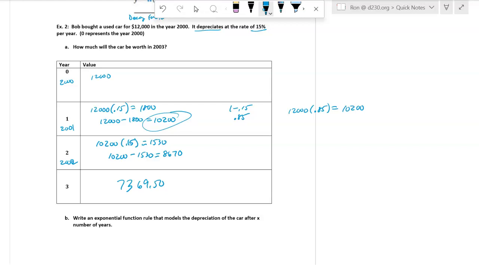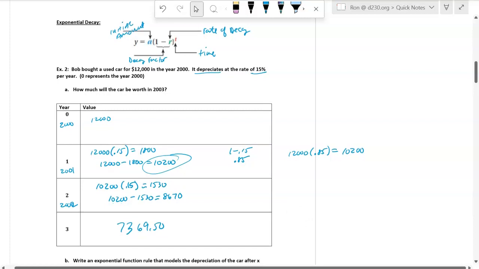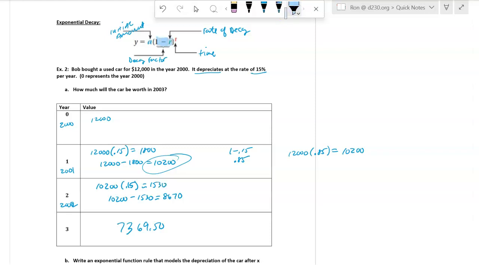So when we have exponential application problems that deal with exponential decay, what we use is 1 minus the rate.